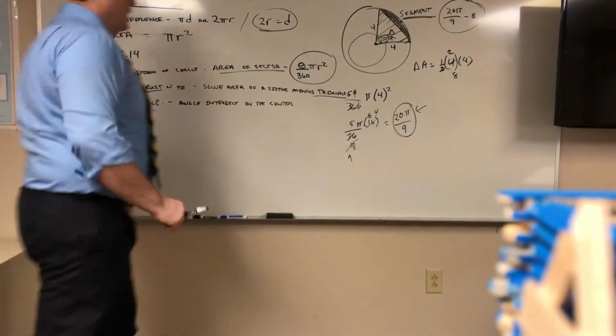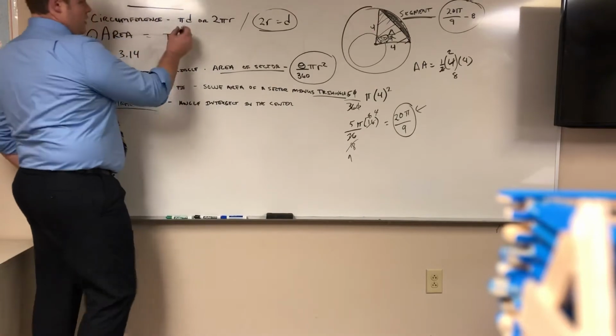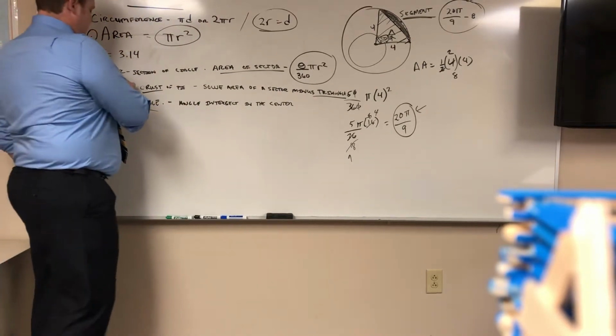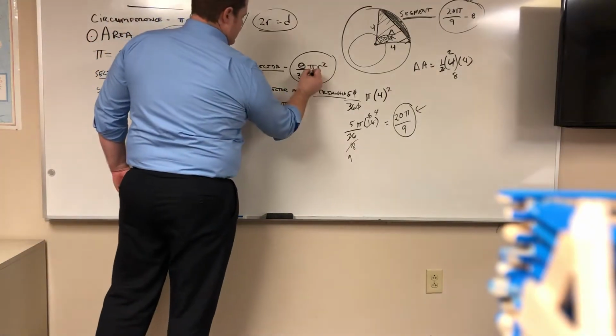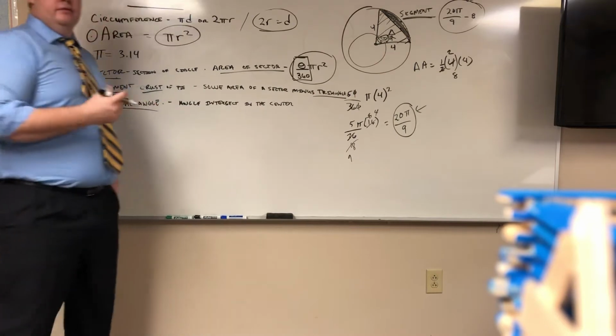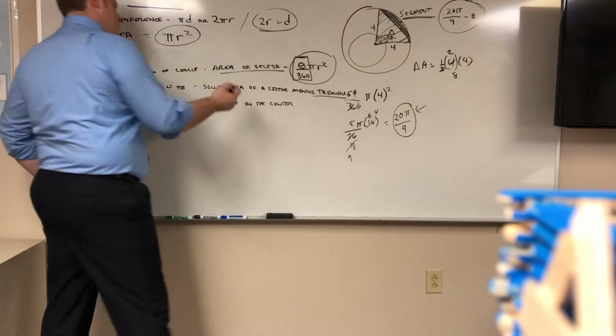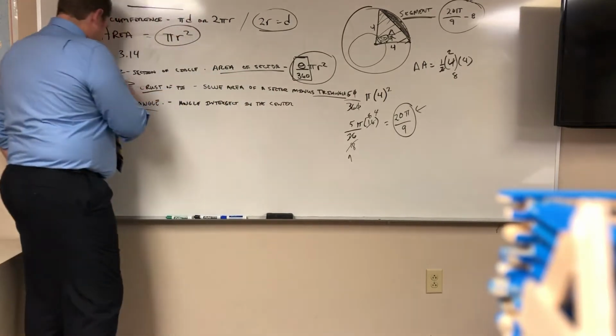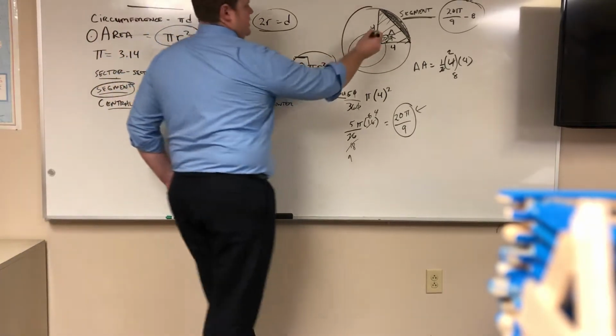Okay? So, any questions? So when you're doing area of a sector, you are using this because you need a fraction. This is your fraction of the circle. Then you need the area of a segment. A segment is this little segment. It's the crust, right?